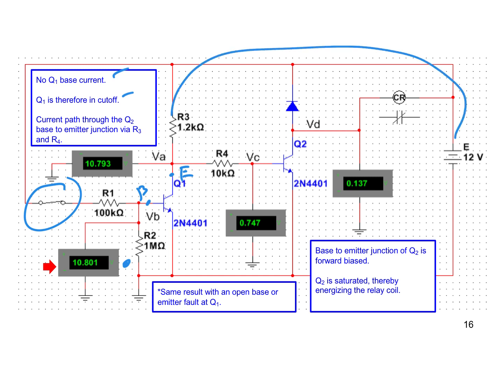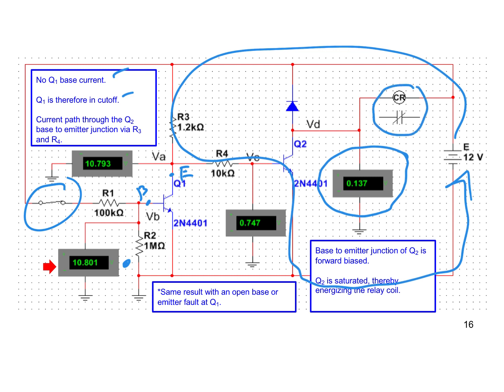Again, we have our current path down that way, turning on Q2, and we know Q2 is saturated because of the near 0 collector voltage, which completely energizes relay coil CR and closes this contact.